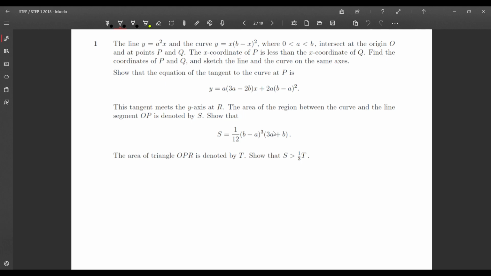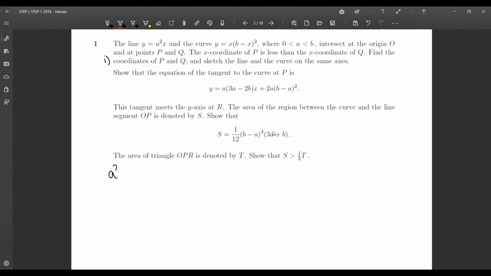Okay, so we have a line, y equals a squared x, and the curve, so we have a cubic, intersect at the origin. Yeah, that makes sense. And at 2 other points, P and Q, where the x-coordinate of P is less than the x-coordinate of Q. Okay, so this first part is saying to find the coordinates.